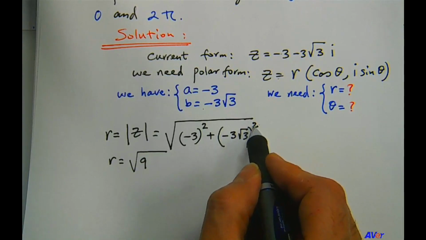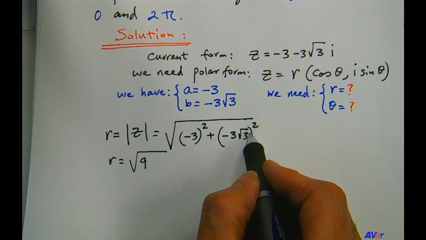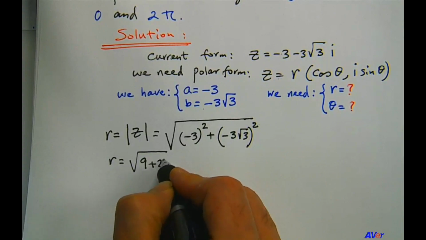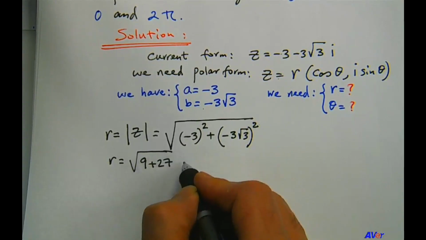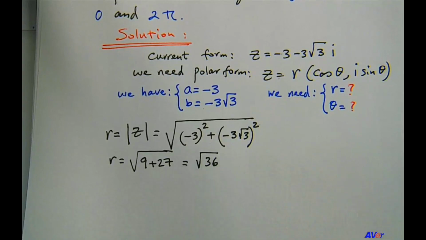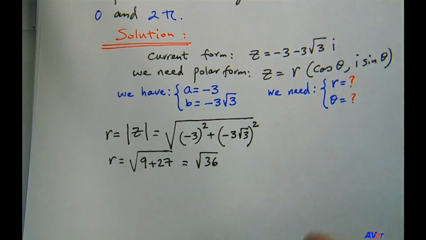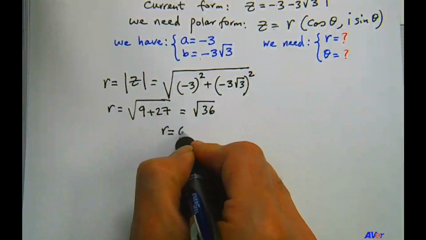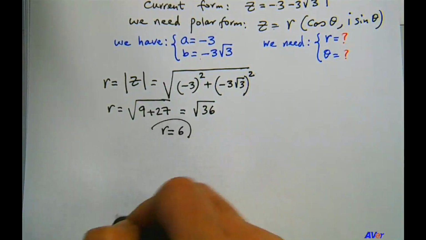So 3 squared is 9, the square root of 3 squared is 3, and 3 times positive 9 is positive 27. Altogether, this is the square root of 36. Therefore, r is equal to 6.